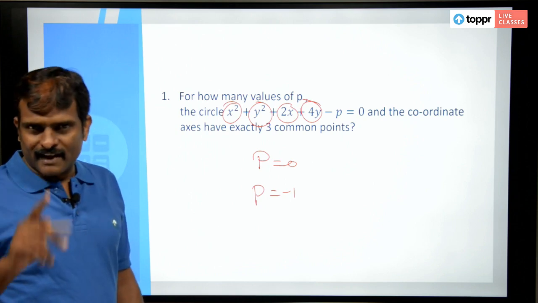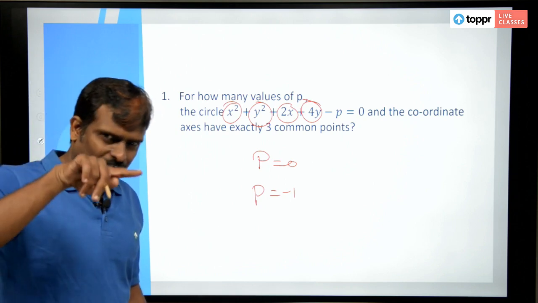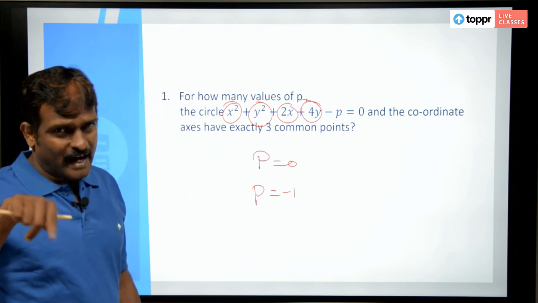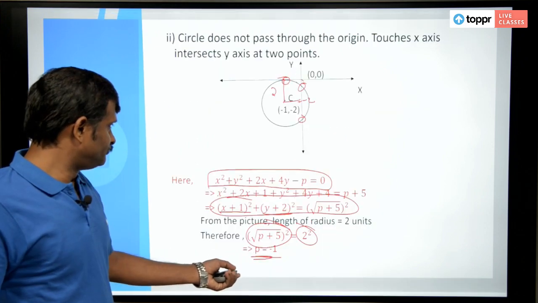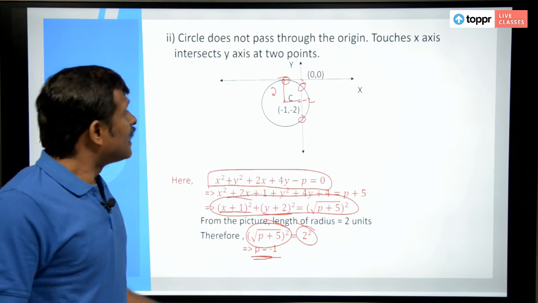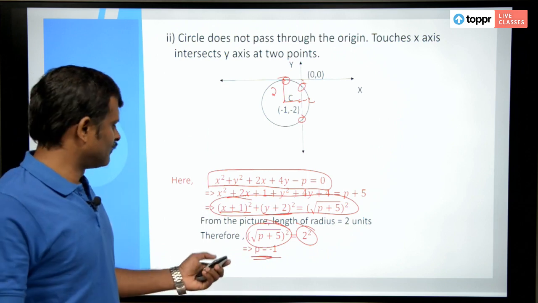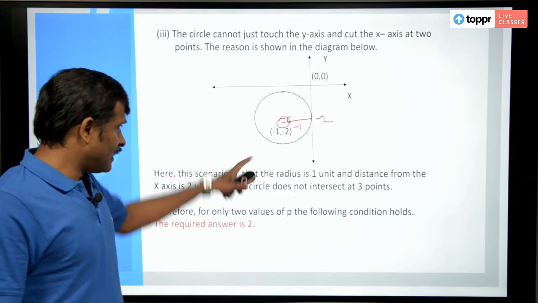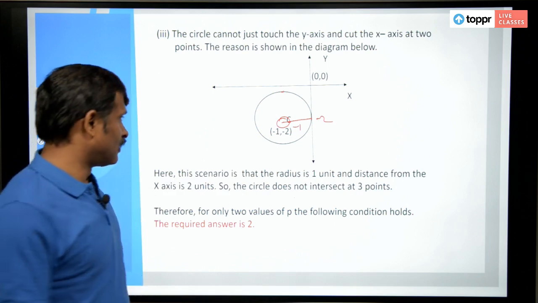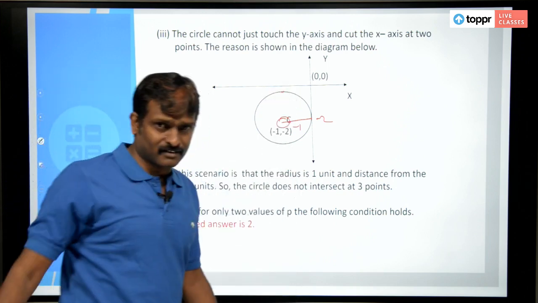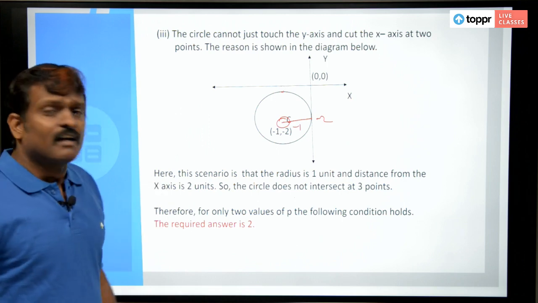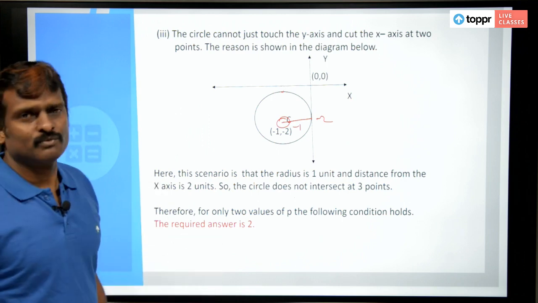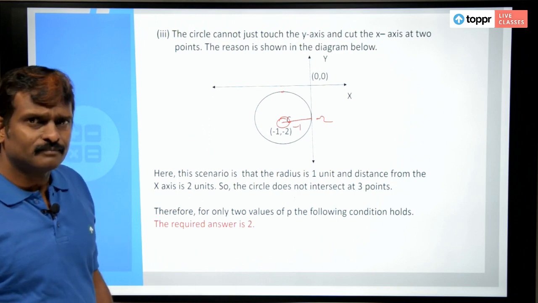One case is when it is passing through the origin and cutting the two axes, and the other case is when it is touching the x axis and intersecting the y axis. The third case fails, because its radius is much smaller than the distance from the x axis. The center's distance from the x axis is much bigger than the radius of the circle. So, this is not a possible case, understand guys, right.